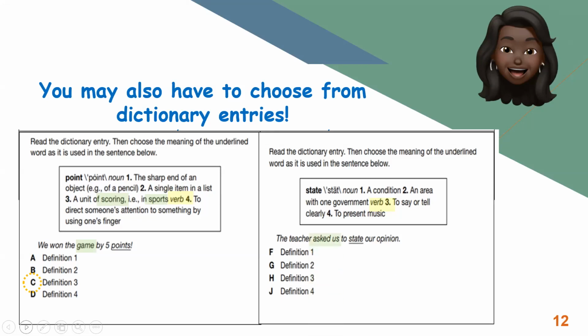The clue that they provided is to ask us. So I know that means I have to respond or to speak, which is an action. So I'm only going to be worrying about definitions 3 and 4. If ask us lets me know that I need to respond, definition 3 has to say or to tell. Therefore, my answer is H, definition 3.